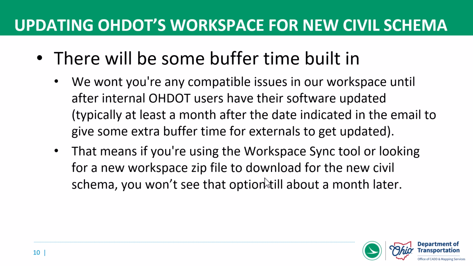The workspace will stay compatible with the older version for at least a month or so. And then once we push out that update to the workspace that introduces the new civil schema, that's when you're going to start seeing that compatibility issue. So that date we send out is more of a soft date, but the buffer time is just there as a catch or fail-safe. So don't rely on the buffer time.